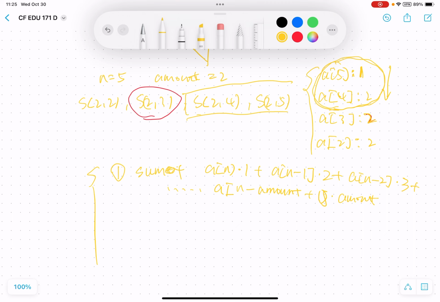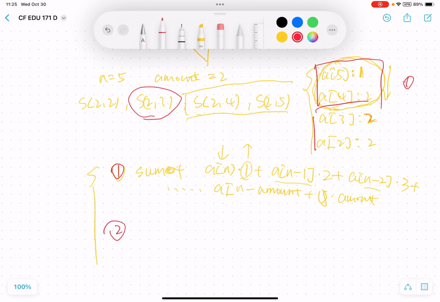That means we need to use this trend: the index of array A is decreasing and the amount is increasing. This is decreasing, this is increasing. There are amount of these kinds of elements, so we need to sum them. This is the first part.